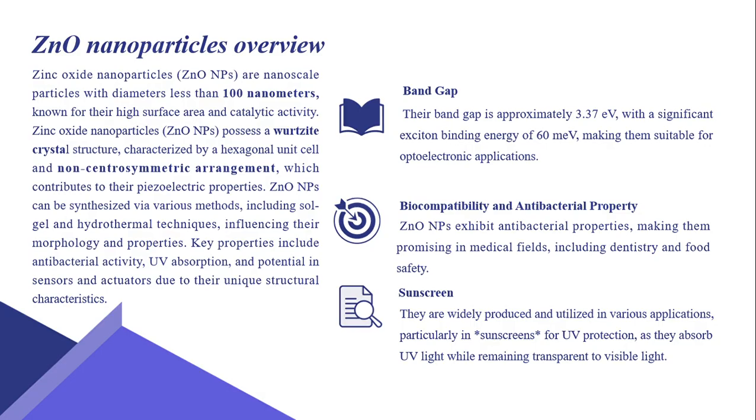When we convert bulk to nanoparticles, its band gap decreases to less than 3.37 electron volts, which makes them a semiconductor. The band gap of zinc oxide nanoparticles can be engineered by doping, alloying, or making nanocomposites with elements like aluminium, magnesium, cobalt, or copper.